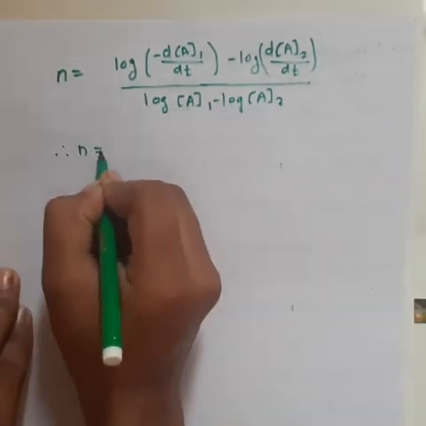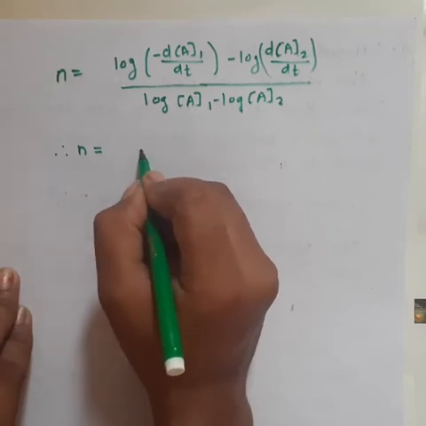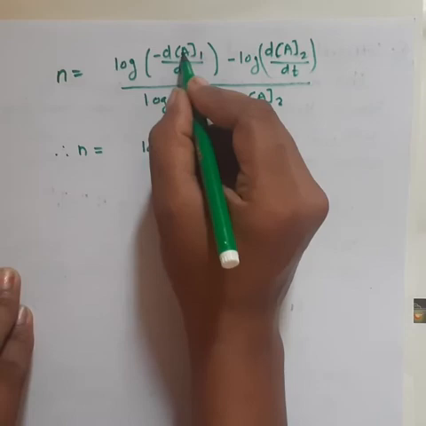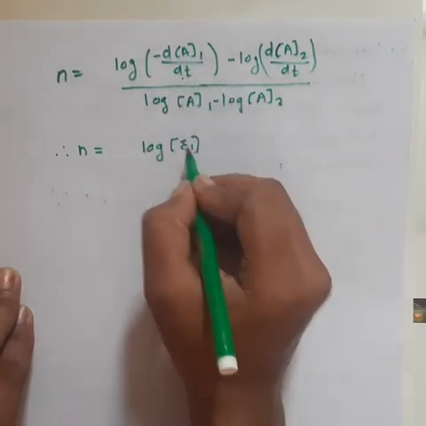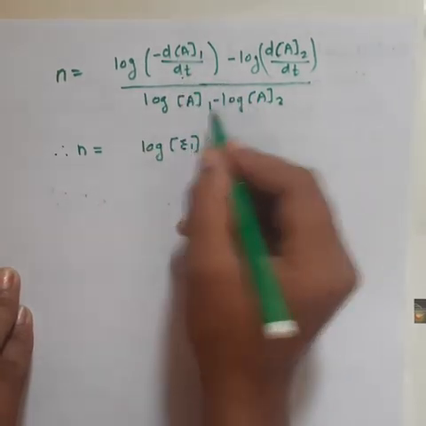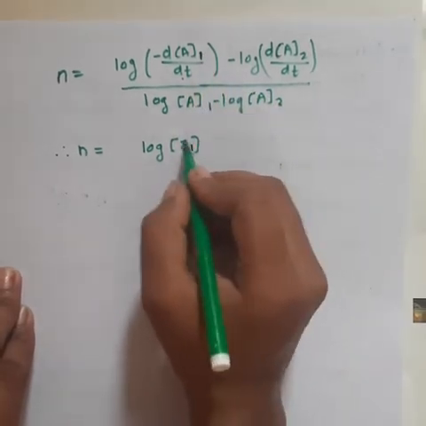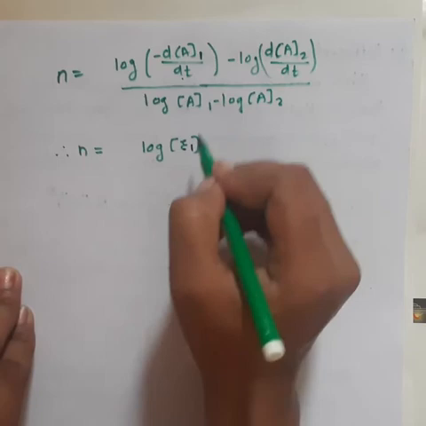Therefore we can define the order of reaction as n is equal to log of R1, because the decrease in the concentration of reactant divided by time is called the rate of reaction, and for initial concentration 1 we write R1. We have already seen the definition of R1.